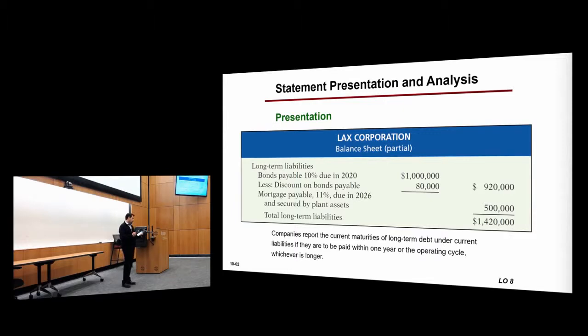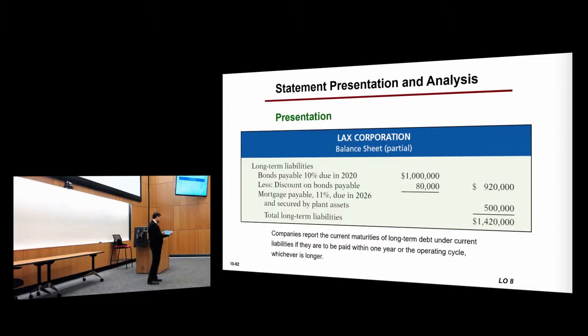Anyways, now, presentation. How do companies present long-term liabilities? You have long-term liabilities, you list bonds, notes payable. Usually, you list the percentage, you list the due date. For mortgage payable, you also have the notes terms.